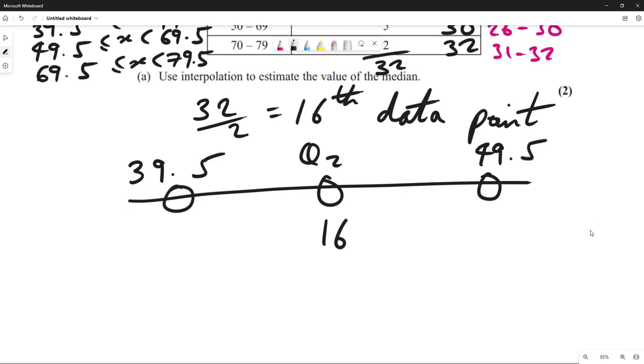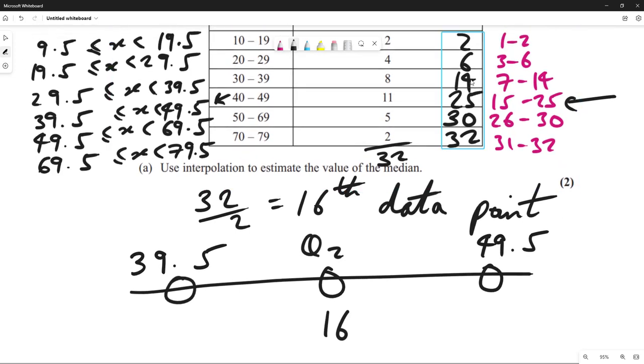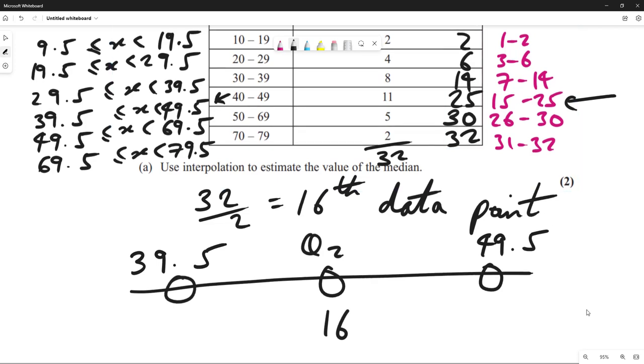Then we need the sum of all the values up to 39.5, and we can check in our cumulative frequency column that's going to be 14. Then we need the sum of all the values up to 49.5, and we can check that that's going to be 25.